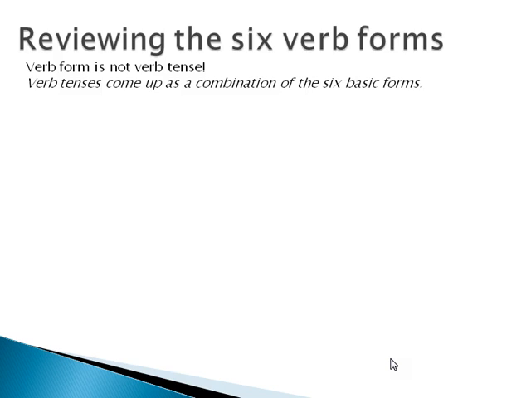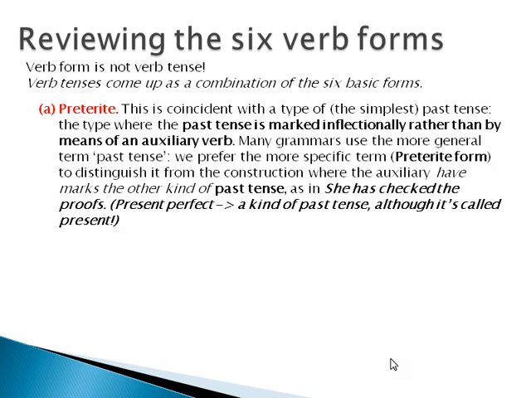So let's talk about the six verb forms and their functions, okay, and how to distinguish them. The preterite is coincident with the simplest type of past, yeah, the past tense. And it's marked inflectionally rather than by means of an auxiliary verb. This is true for canonical clauses, remember?